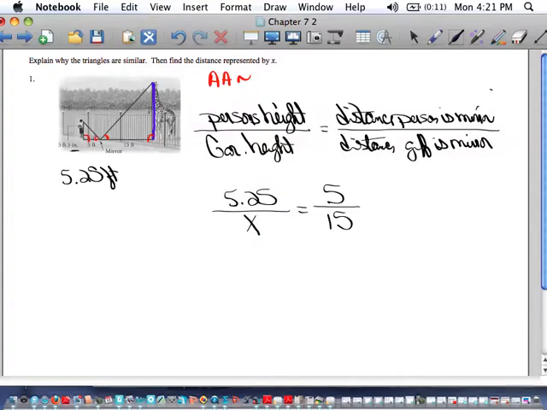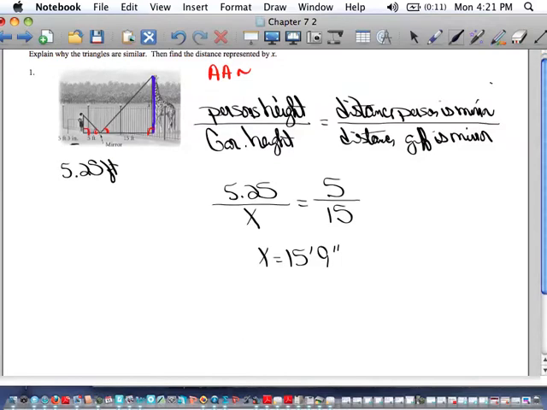You could reduce that to 1/3 if you wanted, but when you cross multiply, you would get x is equal to about 15 feet, 9 inches. Okay, and convert that decimal back to inches.